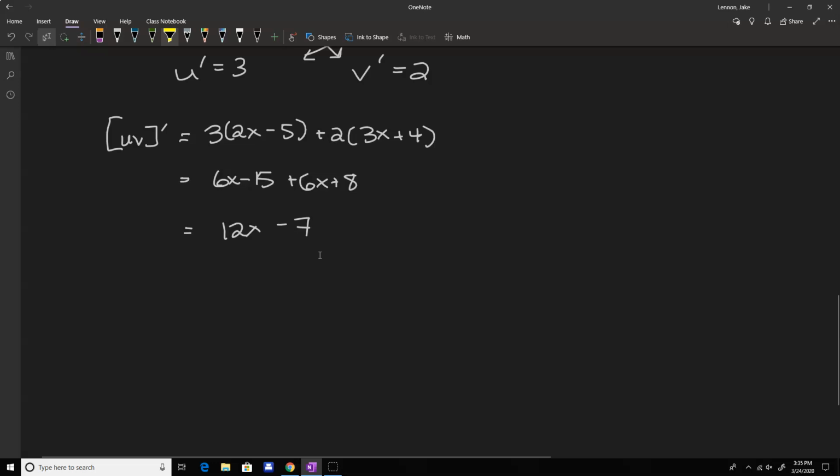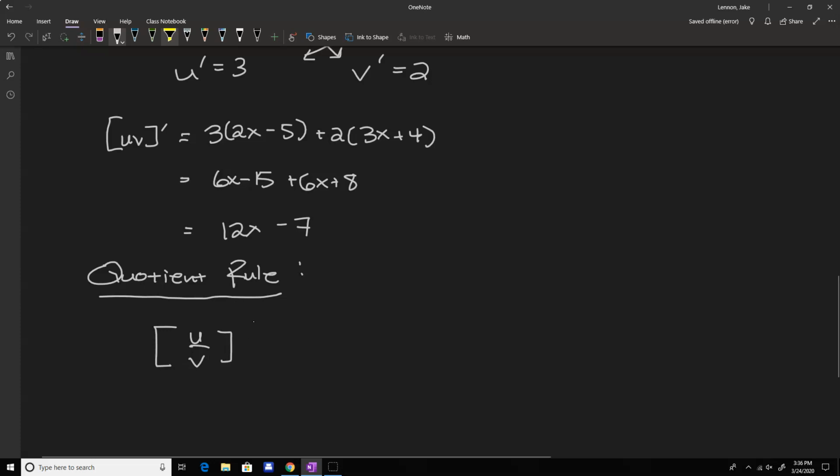We also have the quotient rule for a quotient of functions, which is a little bit different. So if you're dividing them and you don't want to try and rewrite it as a product, the quotient rule, again, we have two differentiable functions of x, u and v, and what it says basically is if you have the quotient u over v and you want to take its derivative, this is u prime v minus uv prime divided by v squared.